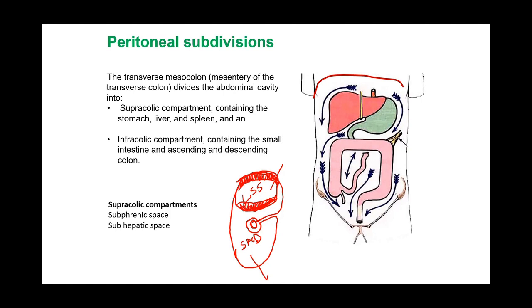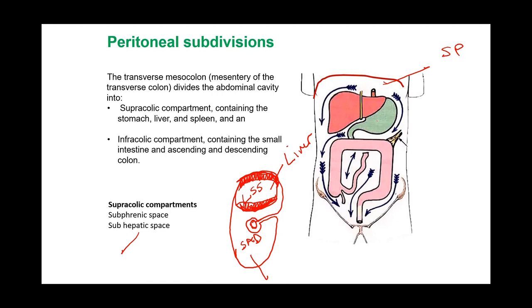Now the subhepatic space is beneath the liver. If this is the liver, it has the right portion and the left portion. The subhepatic space is divided into two. This is the subphrenic.